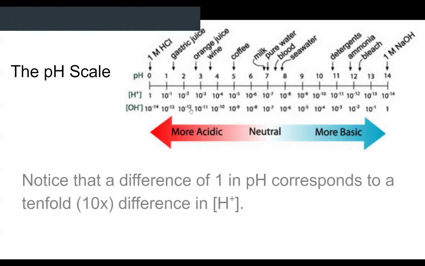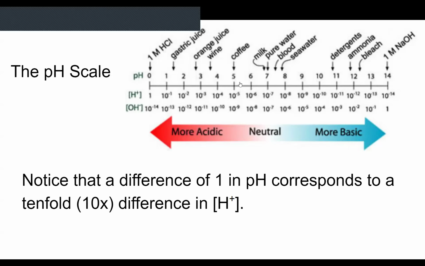So every difference of 1 on the pH scale corresponds to a 10-fold, which is a fancy way of saying 10 times, difference in hydrogen concentration. It's really important. In the neutral solutions, let's take pure water right in the middle, pH of 7. Notice that the hydrogen ion concentration is equal to the hydroxide ion concentration.